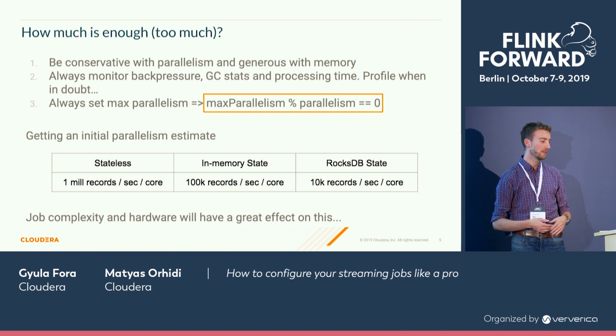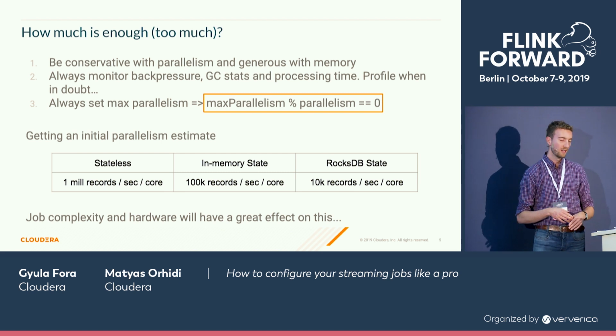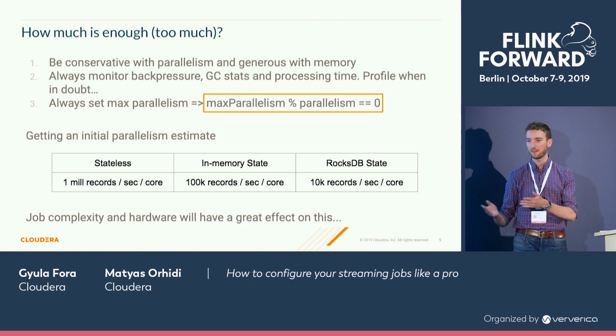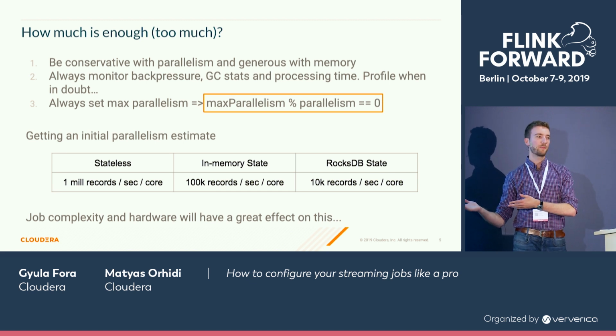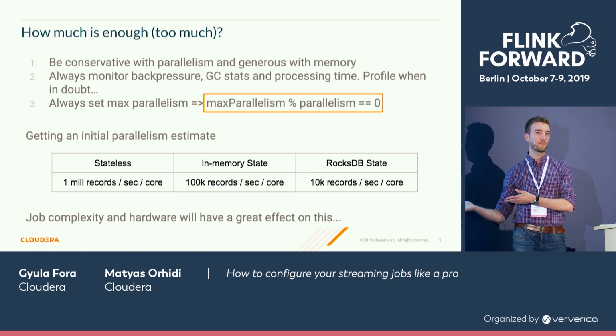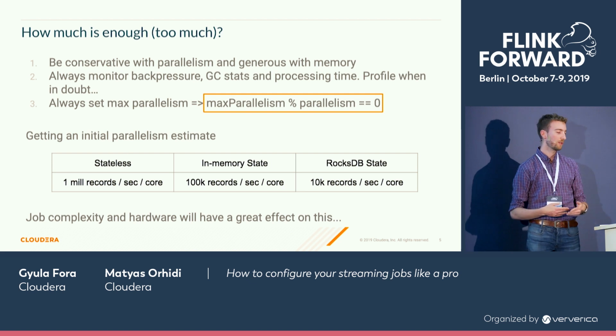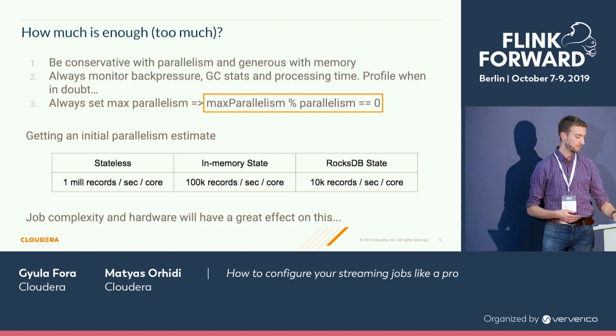It might be more, might be less, but that's a good estimate. For in-memory state, maybe a little bit less, and for RocksDB state, even less. These are good numbers to start with. Estimate your parallelism based on this, and then you iterate to fine-tune it based on your hardware configuration and your application complexity.